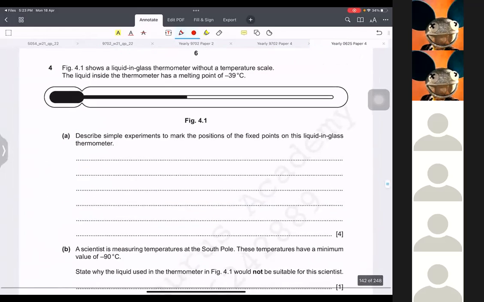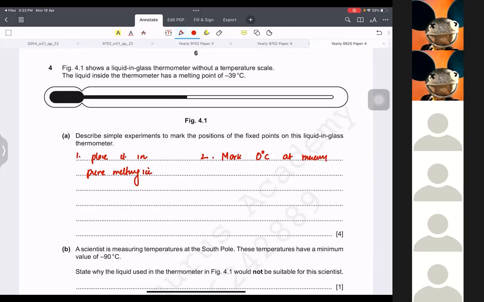Now, describe a simple experiment to mark the position of fixed points in a liquid-in-glass thermometer. So this is very important. First of all, you place it in pure melting ice. Then you mark 0 degrees Celsius at the mercury length.